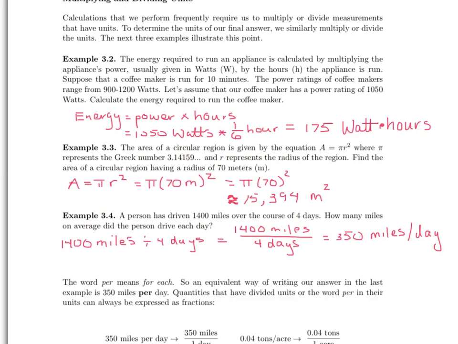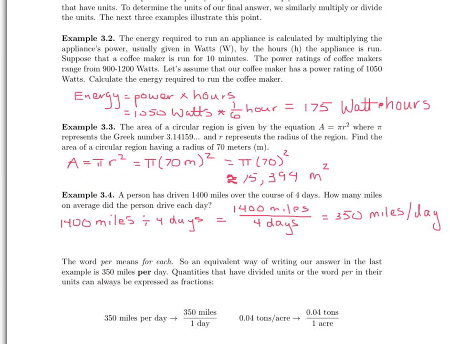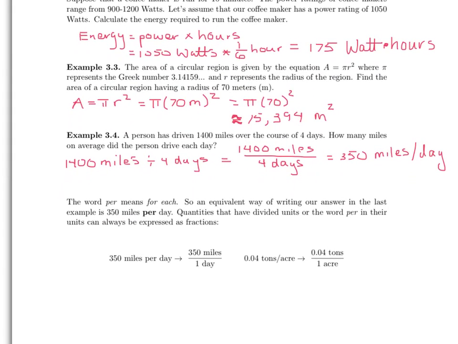Now let's talk about the word per. The word per means for each. So an equivalent way of writing our answer above might have been to say 350 miles per day, instead of saying 350 miles each day.